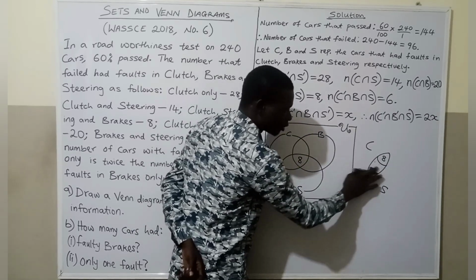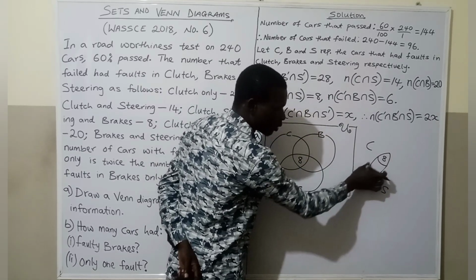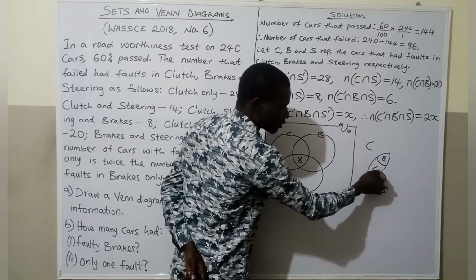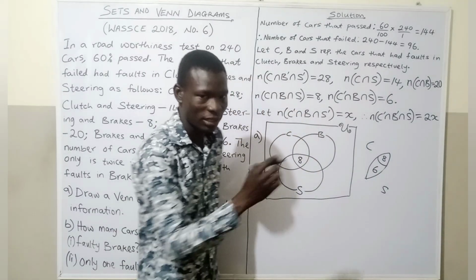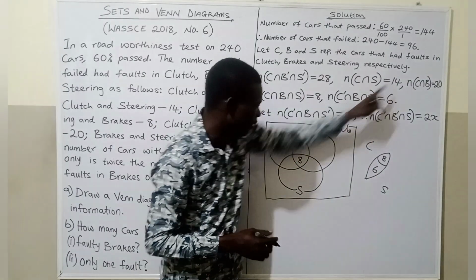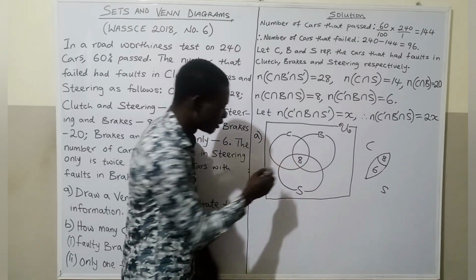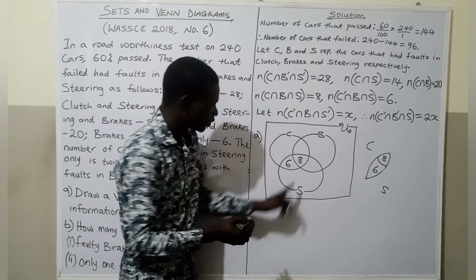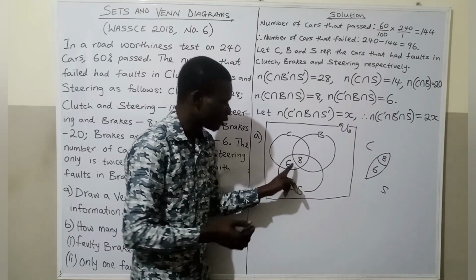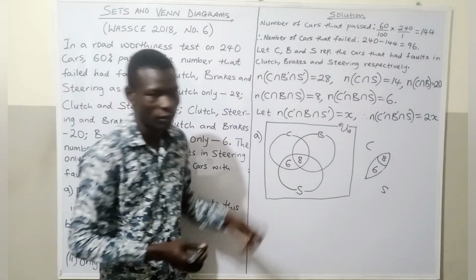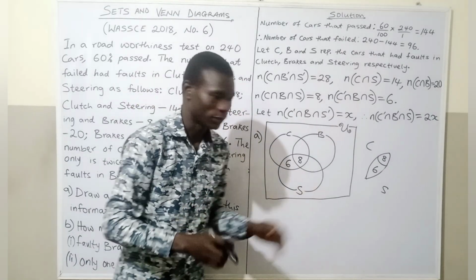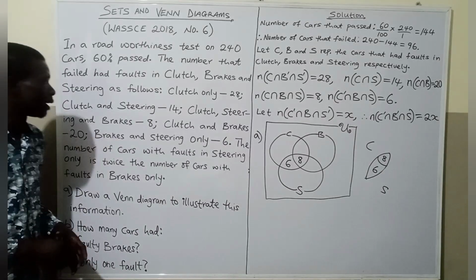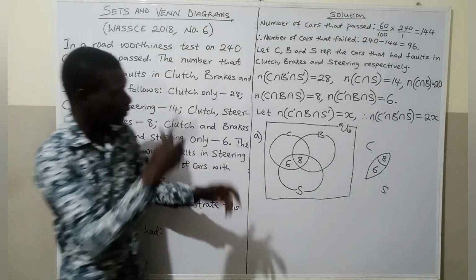And when 8 is cut off, this place will no longer complete 14. What will be left? 6. And how did we get that 6? That's 14 minus 8, which is 6. So clutch and steering only, there are 6 of them.